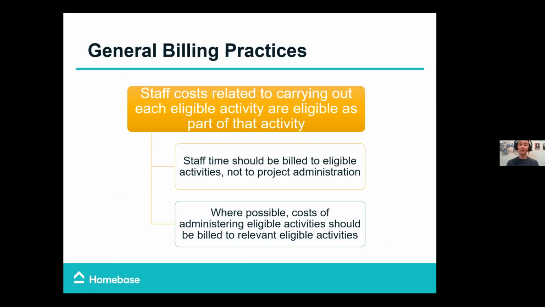So for example, case management, that's going to be almost all personnel costs. There might be some equipment, some materials involved in that, but that staff time carrying out the activity of case management, or the staff time carrying out the activity of connecting people to mental health services, all of that is eligible as part of that eligible activity, and you should bill it there.